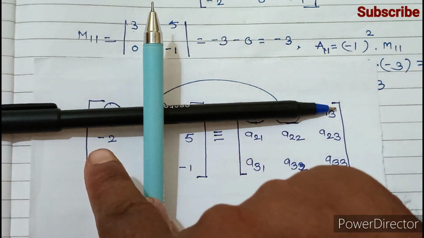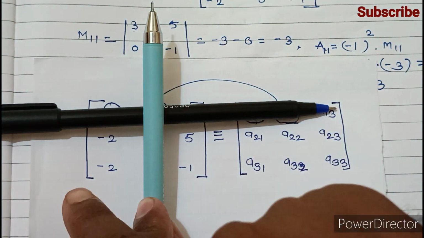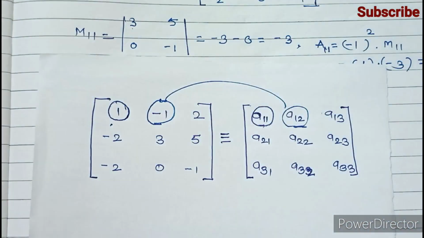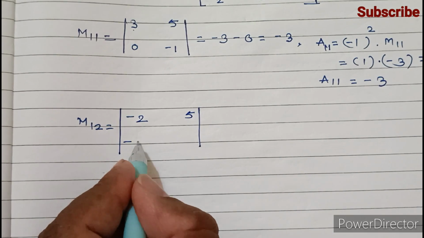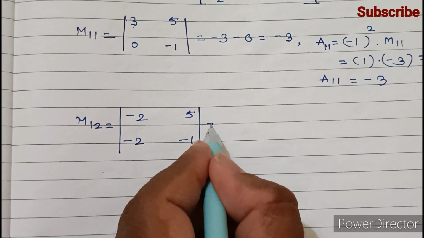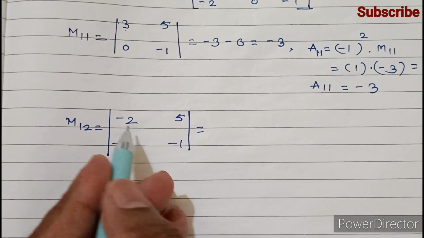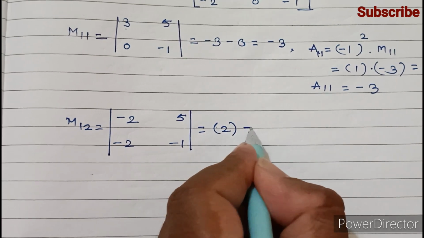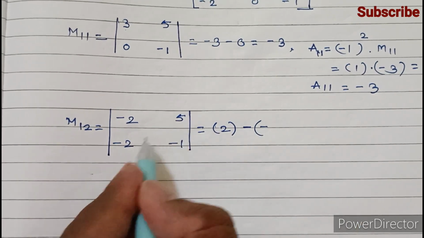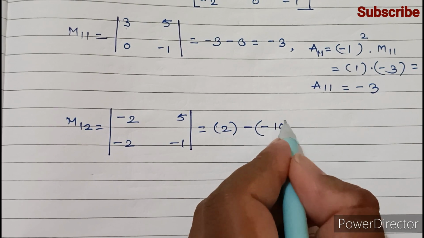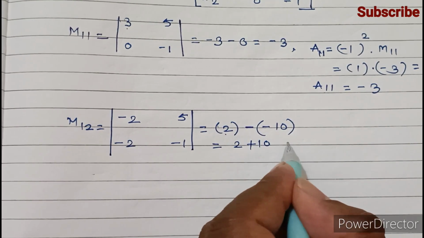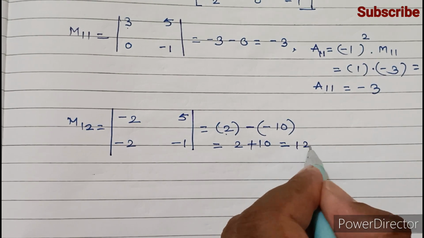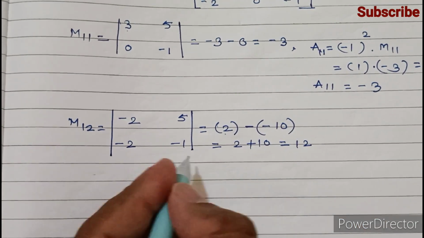We will get the elements minus 2, 5, minus 2 and minus 1. The determinant will be minus 2 into minus 1, that will be plus 2, minus 5 into minus 2, that is plus 10, so equal to 12. That is the value of m12.